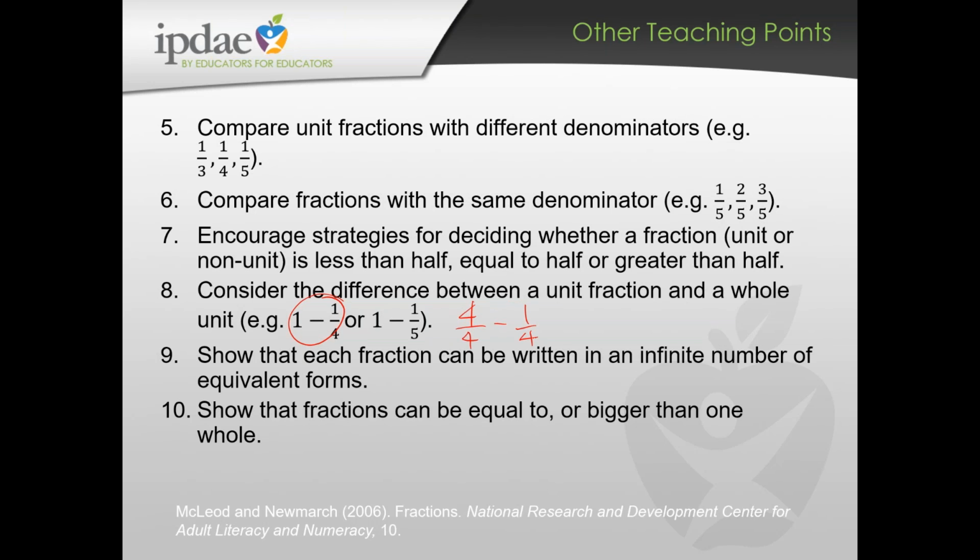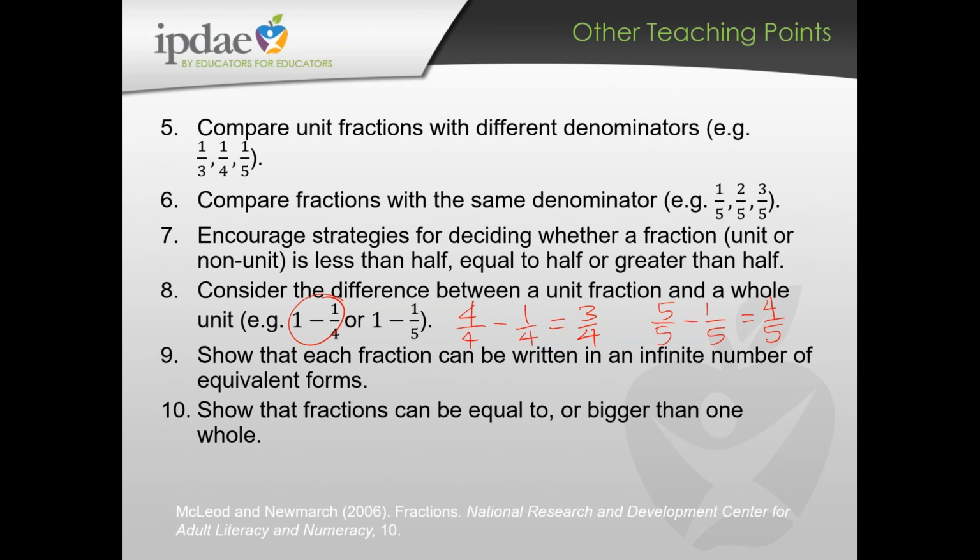We're going to have to rewrite that whole number into a fraction. 4 over 4 minus 1 over 4 is equal to 3 over 4. And if I do the same procedure for the other one, it's 5 over 5 minus 1 over 5 equals 4 over 5, or 4/5.